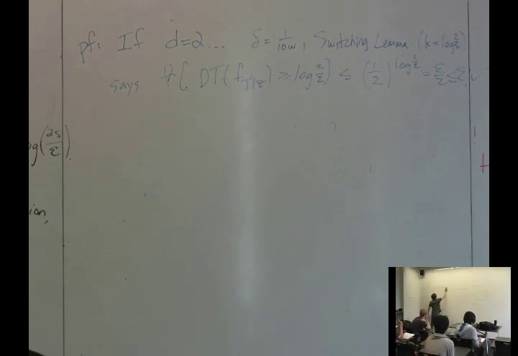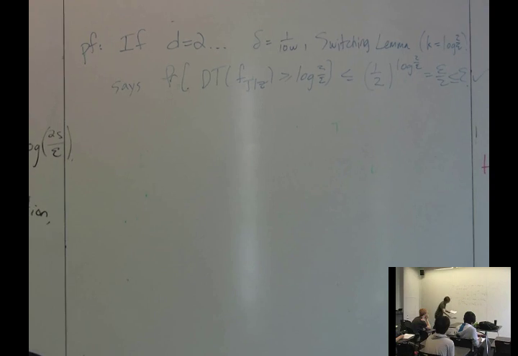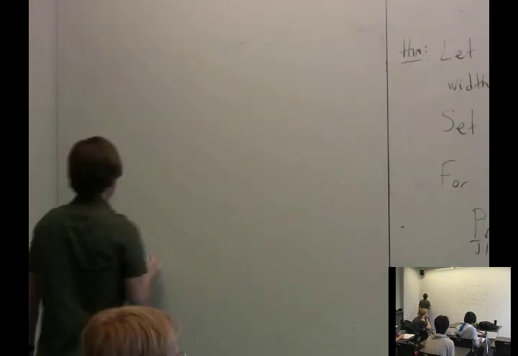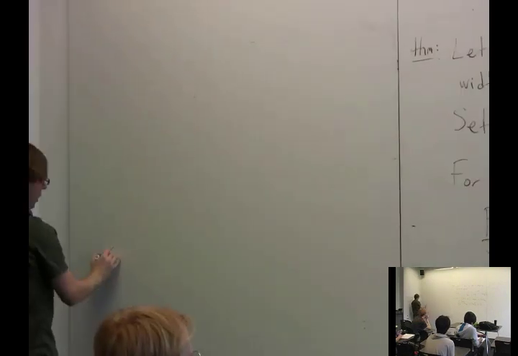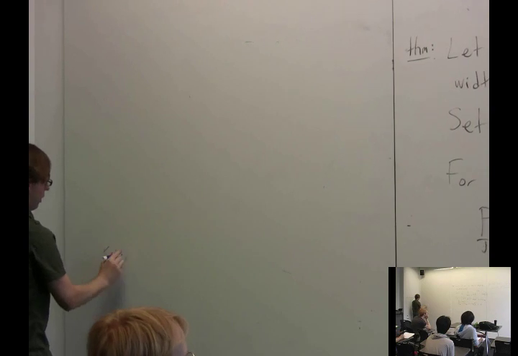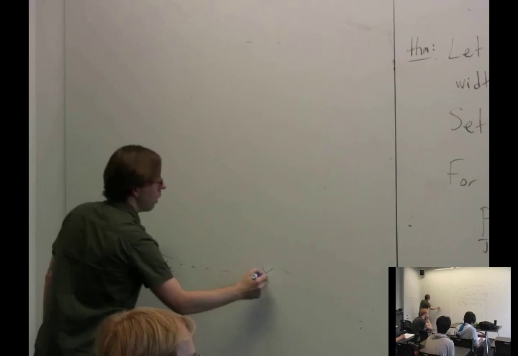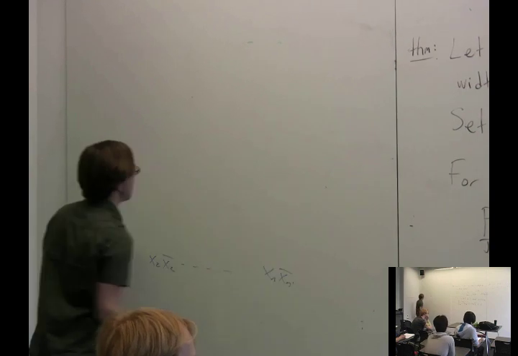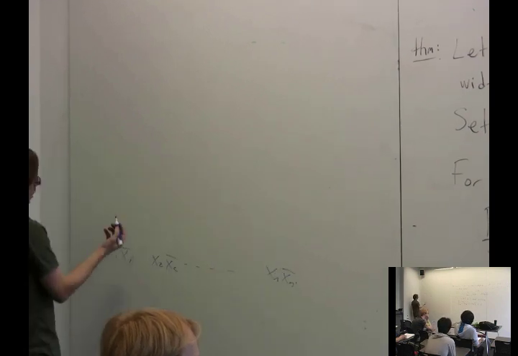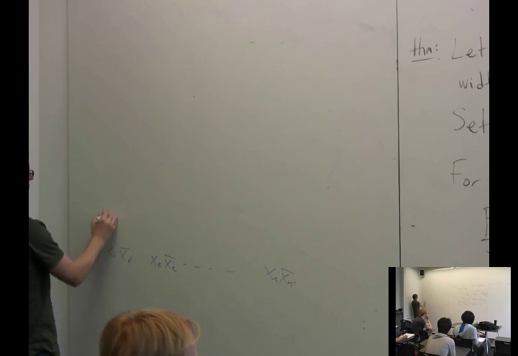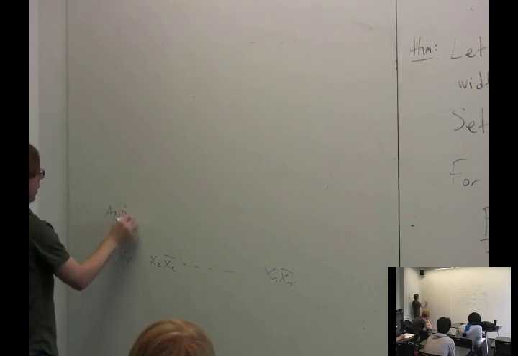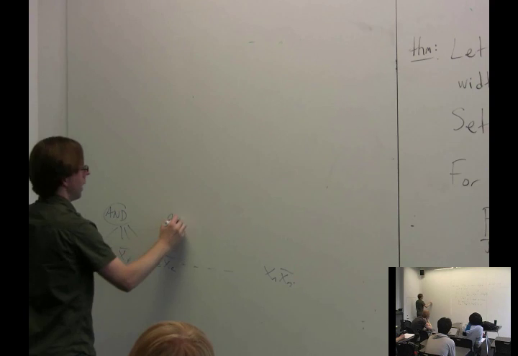So now let's draw a picture of a constant depth circuit where D is bigger than 2. At the bottom you have the literals. And then it doesn't matter really if the next layer is AND or OR. Let's pretend it's AND. So you've got a bunch of ANDs.